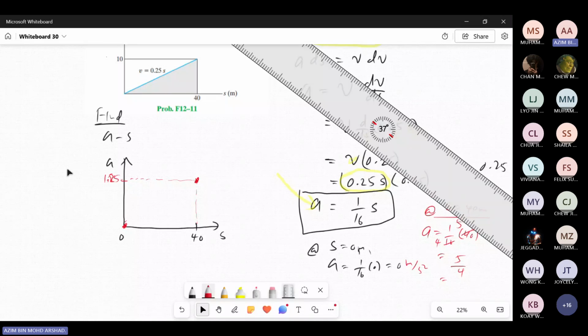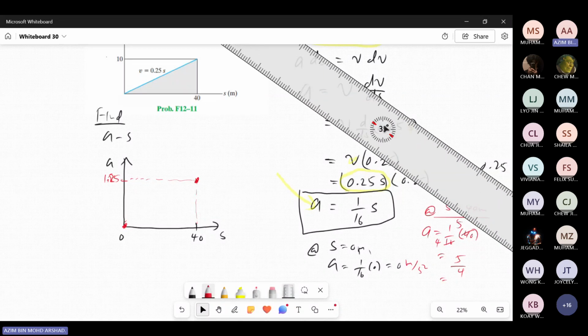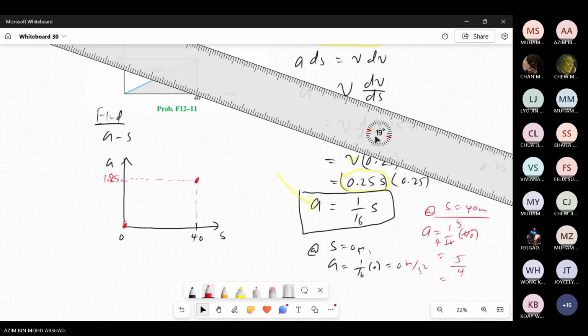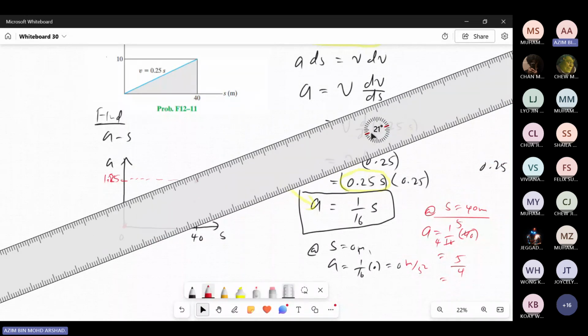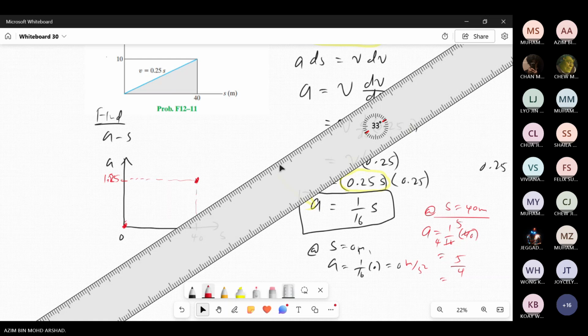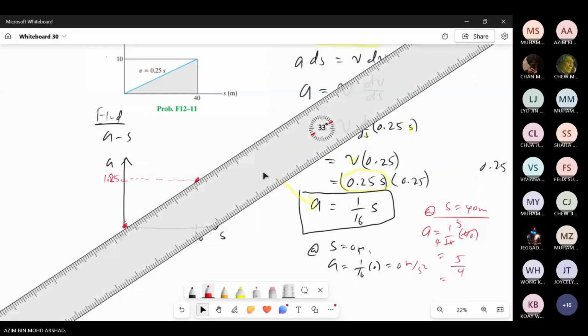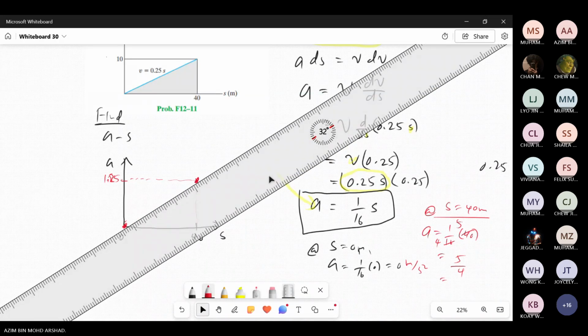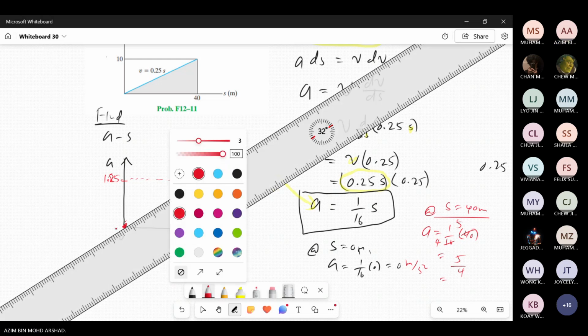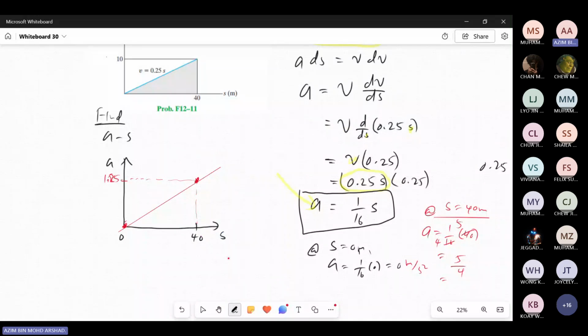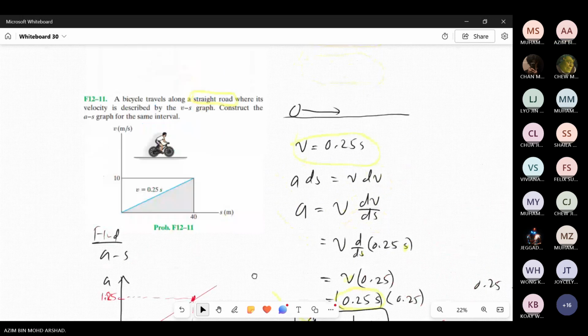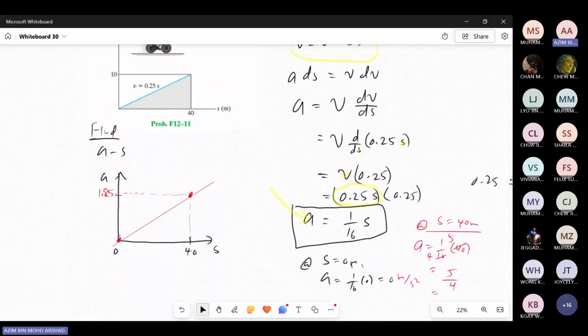Let's use a ruler. So this is the chart that we get. It's a linear chart.